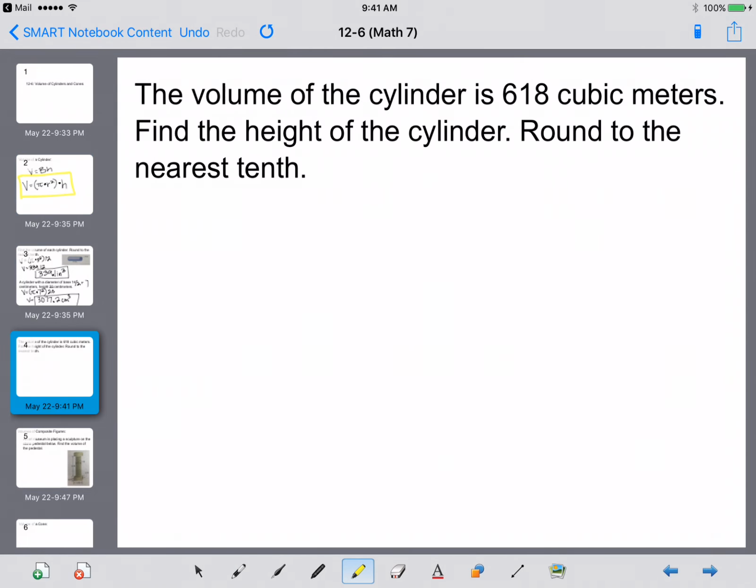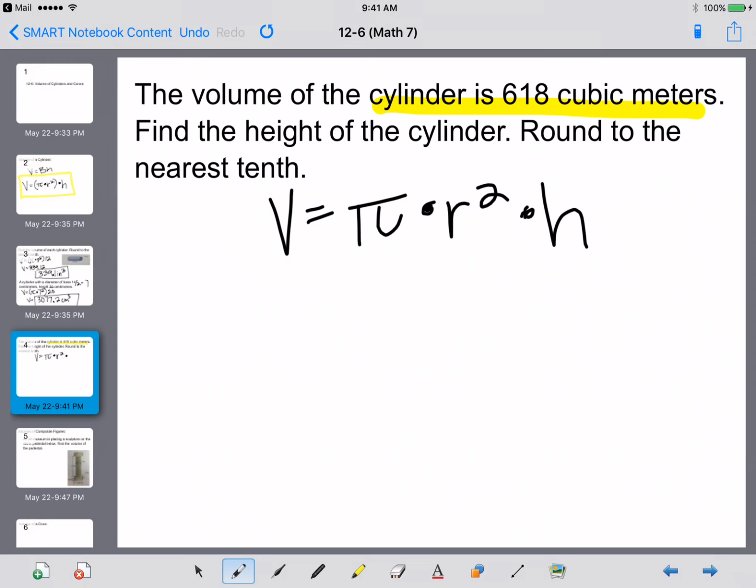Here, this one says the volume of the cylinder is 618 cubic meters. Find the height of the cylinder. So now we're working backwards. We know volume equals pi times the radius squared times the height, and we know right now that our volume is 618 cubic meters.